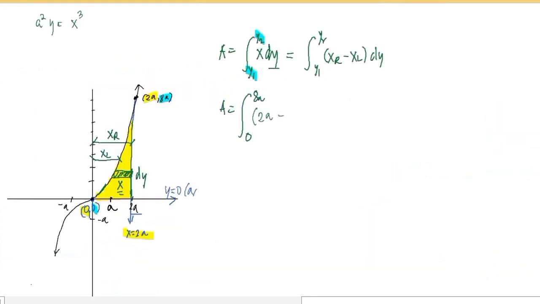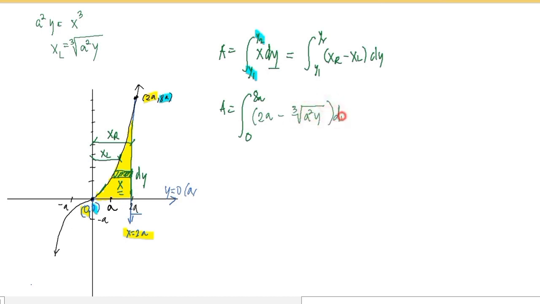Yan. Kung kukunin natin yung x natin, then we can say that this is the cube root of a squared y. Okay? And this x here is our x to the left, no? Kasi nasa left side, no, yung ating curve. So, with this, we have the cube root of a squared y.